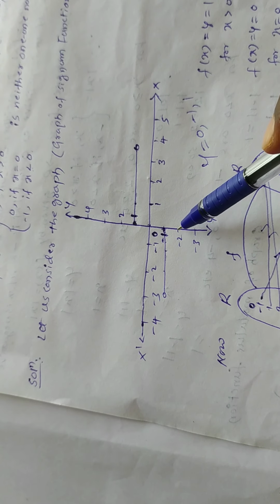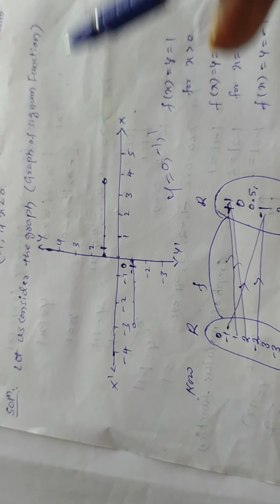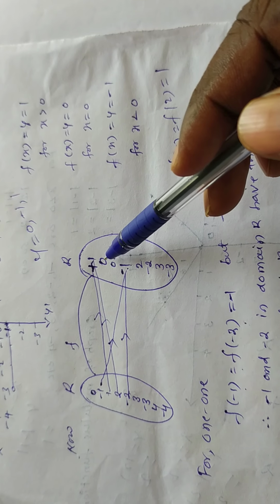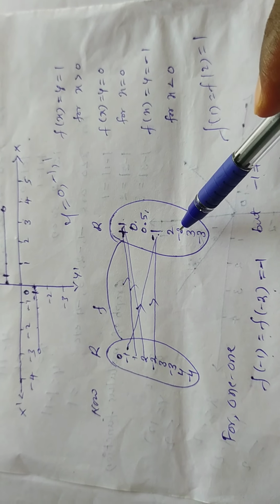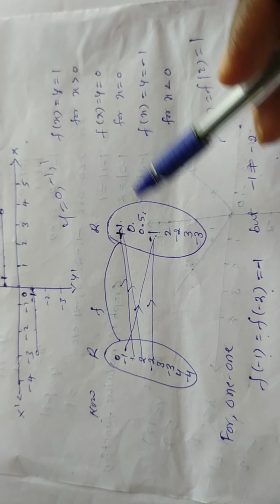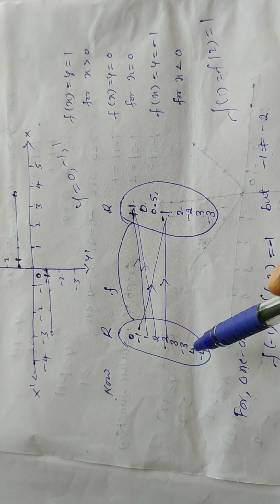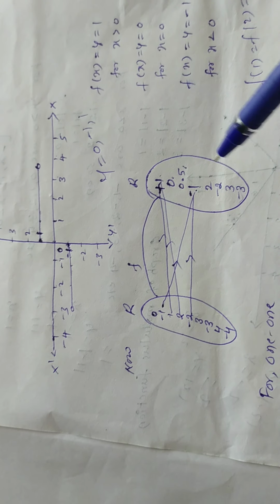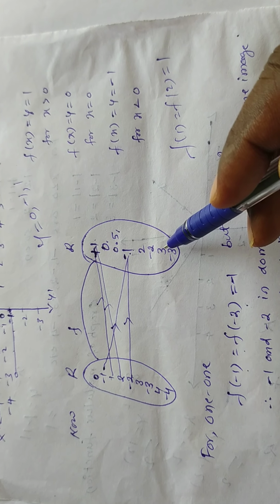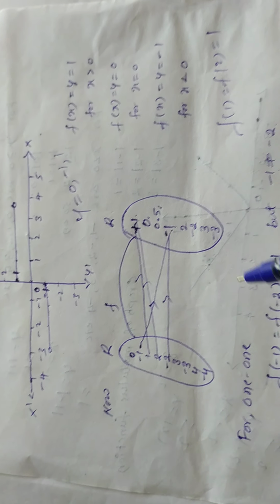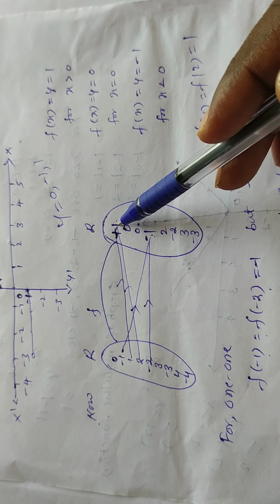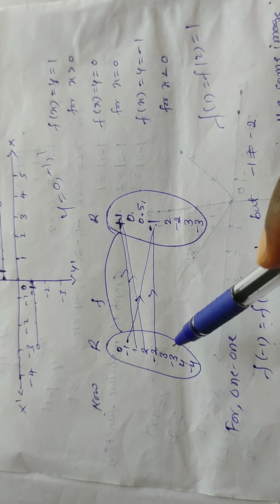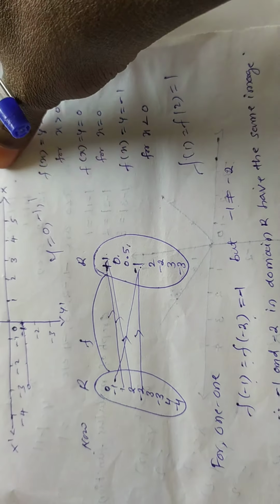Except these three elements, the remaining elements like 2, minus 2, 3, minus 3 do not have any pre-images. That means there is no element in domain R which gives f of x equal to 3 or minus 3, because the restricted values of y are 1, 0 and minus 1. Except these three elements, all the rest do not have any pre-images. Hence it is not onto.